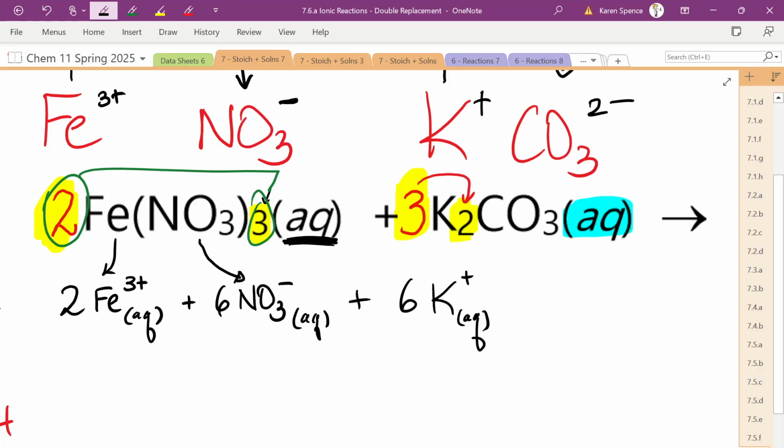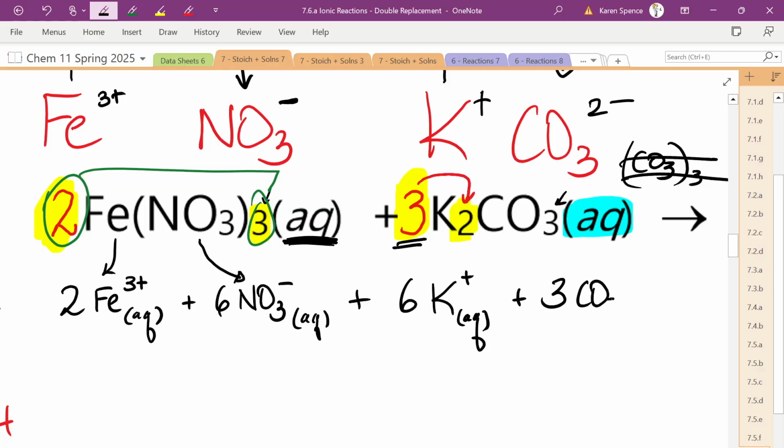Do we have 3 or do we have 9? We have 3, okay? 3, because this 3, remember, is part of CO3. If we wanted to have more of it, we would have to put it in brackets. If we actually had 3 of them, it would be like that, but that's not what we have. So we have 3 CO3s. And the charge of that, don't forget the charge, is 2 minus, and that is aqueous.